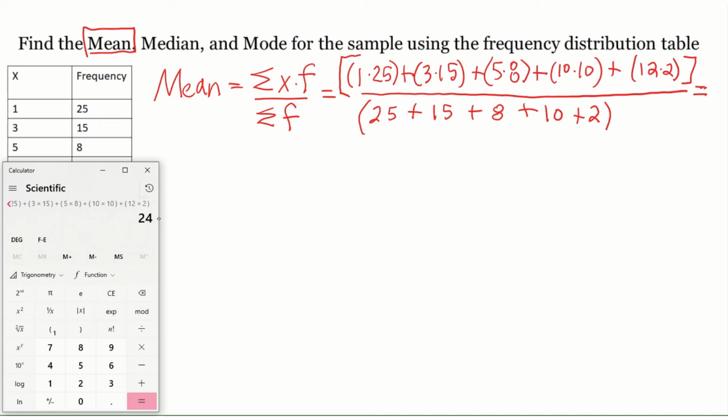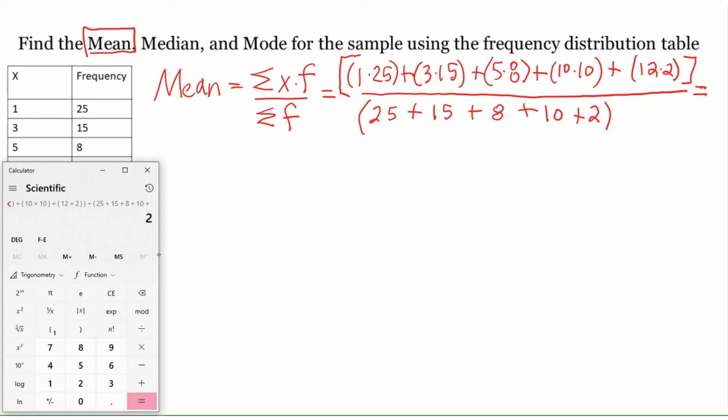Then I'm going to double check that I have all of my values. I've got 12 times 2, 10 times 10, 5 times 8, 3 times 15, and 1 times 25. So I have all of my numbers. I'm going to close my bracket, and then I'm going to divide by the sum of the frequencies. So I'm going to do my brackets, 25 plus 15 plus 8 plus 10 plus 2.